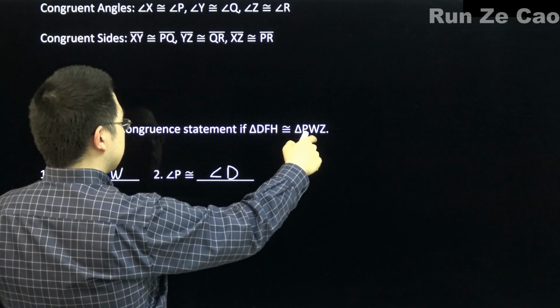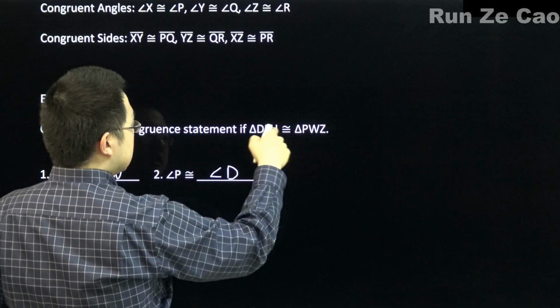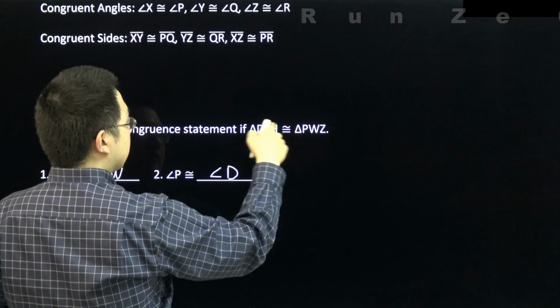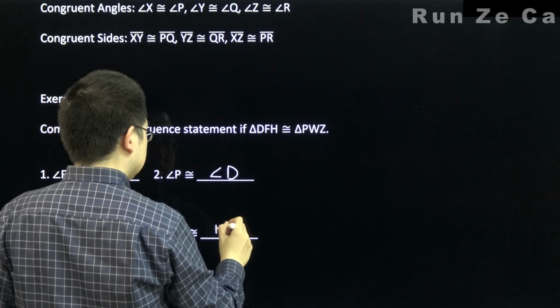ZW is congruent to, well, Z corresponds to H, W corresponds to F. Therefore, it's congruent to HF.